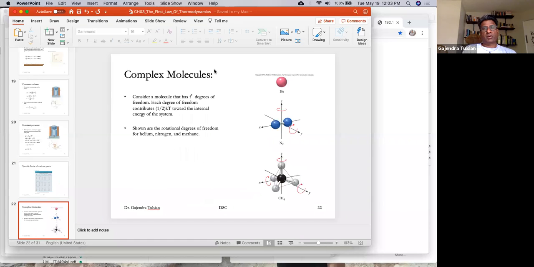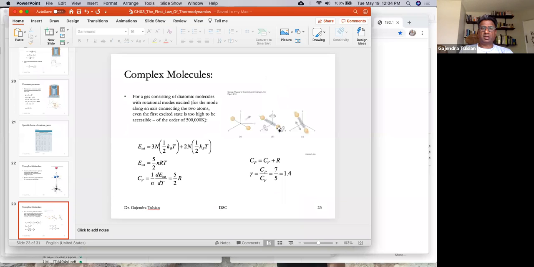All right, so for helium, you have only 3 degrees of freedom, and so CV was 3/2 R. It can only translate. A diatomic molecule has the translational degrees of freedom, and then it has additional rotational degrees of freedom: rotation about this axis, rotation about that axis, and rotation about the third axis.